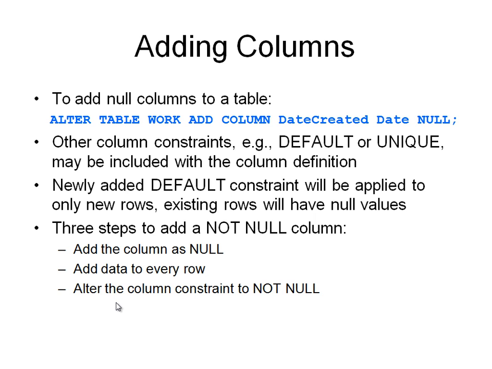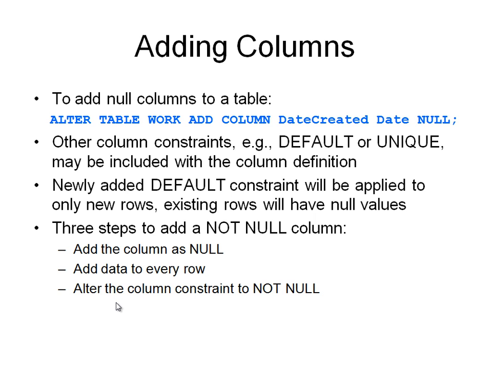Although you added the constraint of not null for the column, the constraint that you added will be applied to the new rows, while existing rows will still have null values.